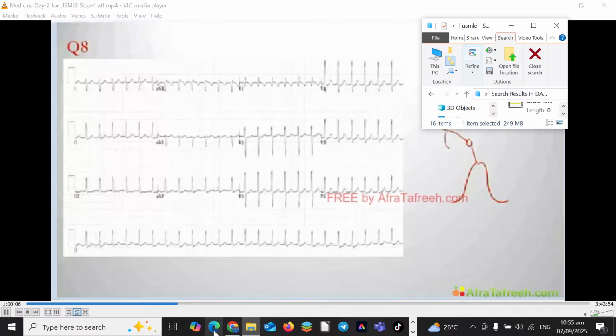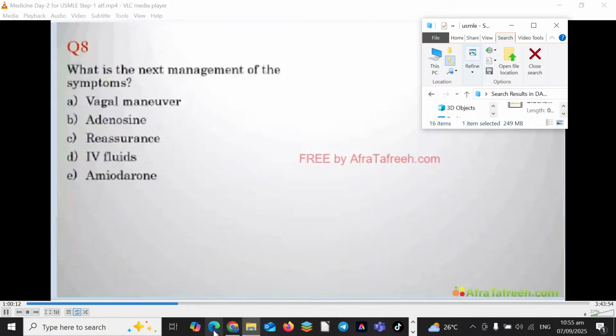Here you're having your accessory pathway. This accessory pathway keeps on activating again and again.